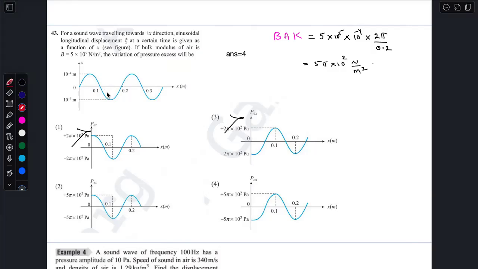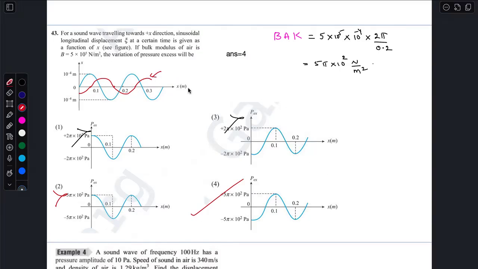You will get minus A cos kx type, so minus cos. That's how the graph behaves. So which one is satisfying that? This is not satisfying that. This is satisfying that. This should be the pressure graph.